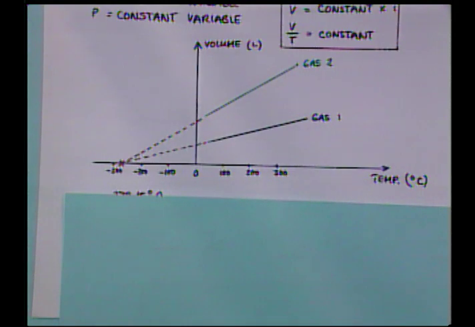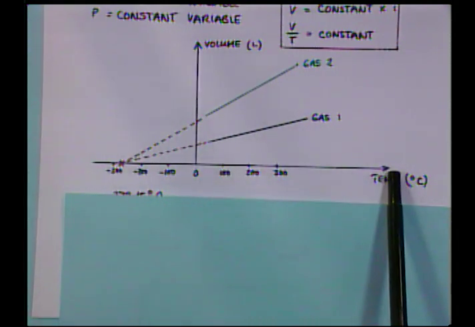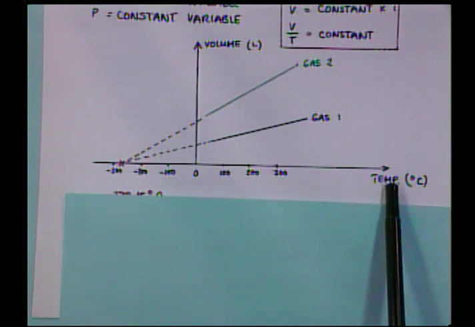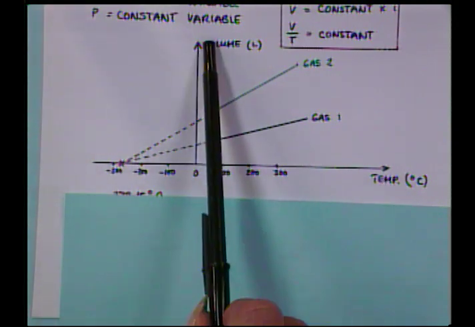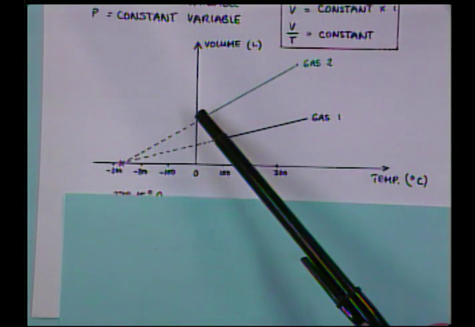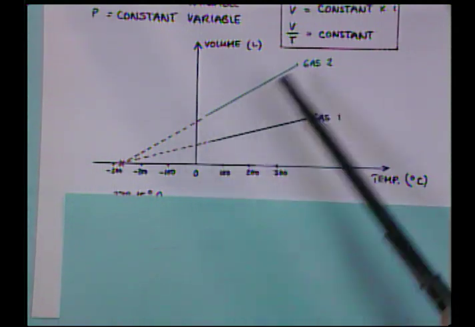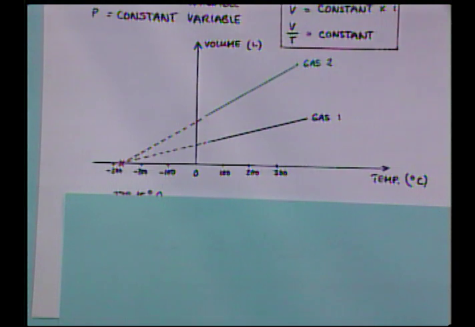Now if you graph the data that you have collected by doing these experiments, and you graph it just like we did before, only here we have temperature on the x-axis and the volume on the y-axis, then we get a line with a slope. And the gases have different slopes depending on what gas I study.